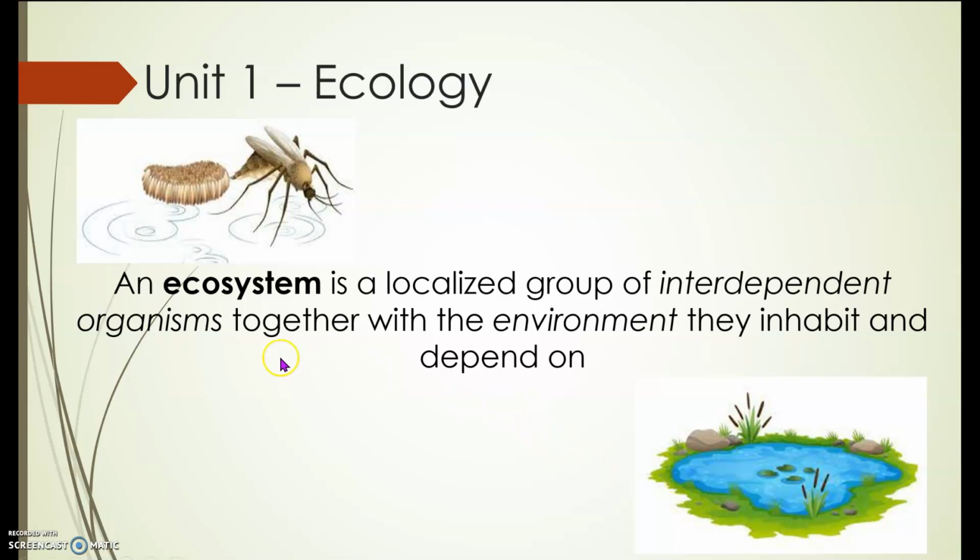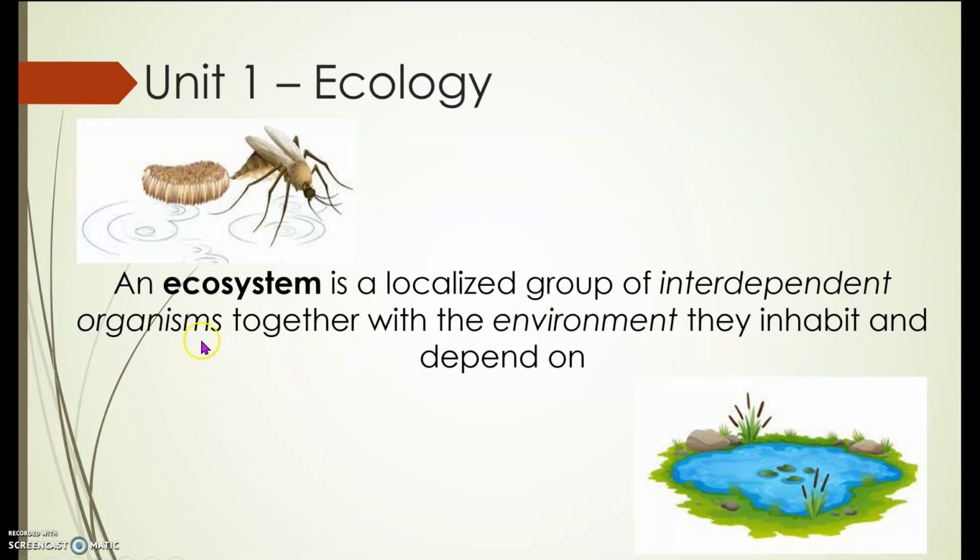It says that an ecosystem is a group of organisms or living things such as animals, plants, and microbes. So microbes are tiny living things that we cannot see with our naked eye.